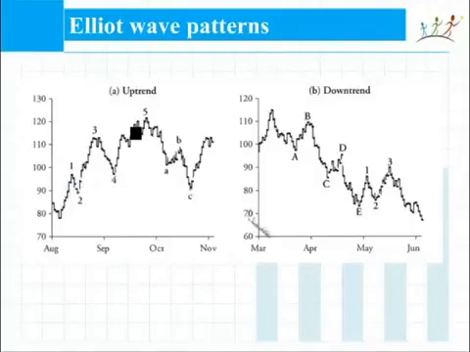Let me plot the waves for you. This is the first wave. This is the second wave. It's smaller. Third wave. Fourth wave. And the fifth wave. So the uptrend has 5 waves: 1, 2, 3, 4, 5. Whereas the downtrend has just 3 waves. Let's see the waves in the downtrend: 1, 2, 3.